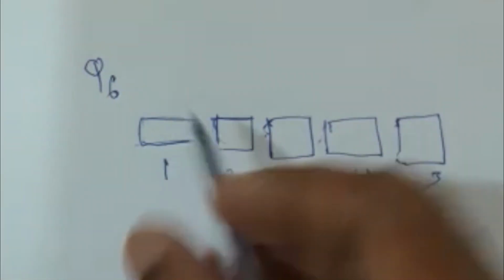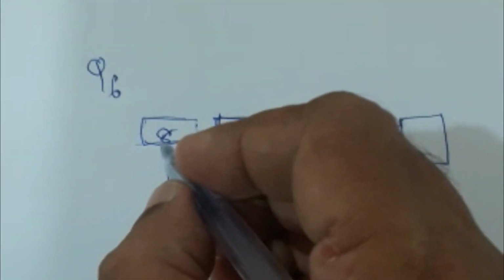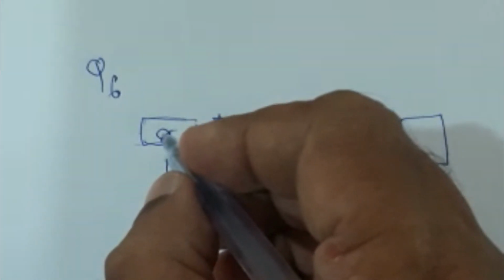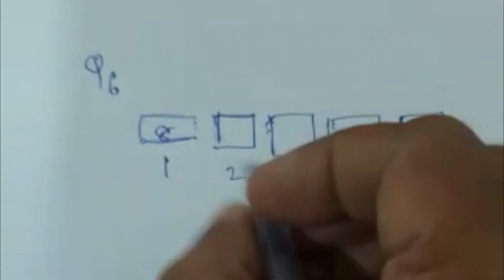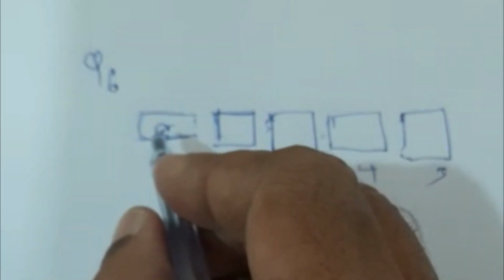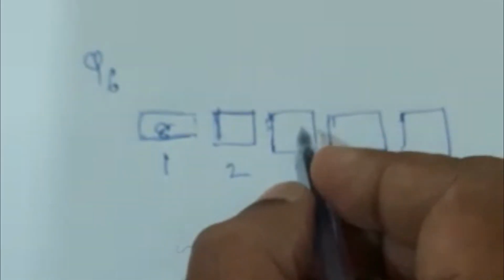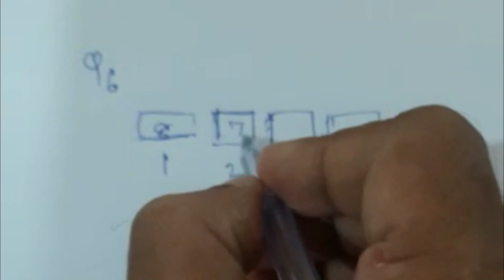For the first place, there are 8 possibilities. You can put E, Q, like that. There are 8 letters, so 8 possibilities. Once you use one letter, the remaining 7 letters are there. For example, if you use the E, then you have already used the E, therefore what is left is 7. Likewise, if you use the Q, then the left is 7 here.